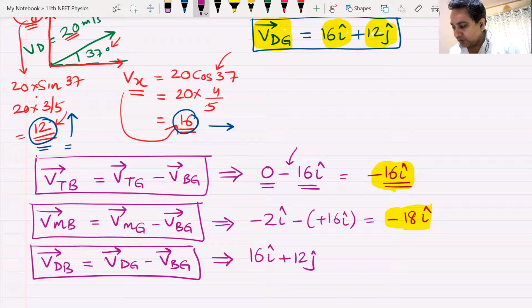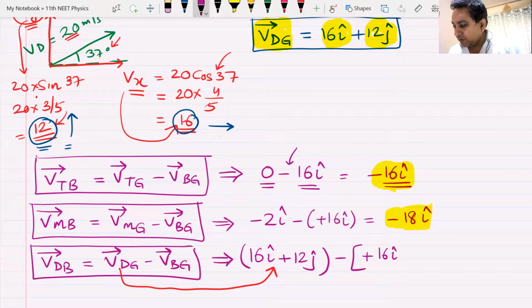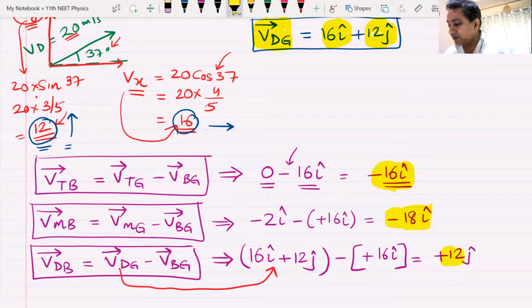Plus 16i is the velocity of boy with respect to ground, and the bird has plus 12j. Plus 12j.